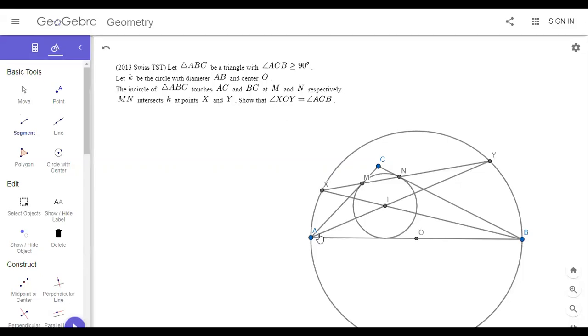Yeah, so basically, AI and Y are collinear by that lemma, and BY and X are collinear. I feel like I'm trying to remember the proof. I think it might just be like poles and polars or something. Because basically, Y lies on the polar of C, so C lies on the polar of Y. Maybe something like that. Angle chasing.